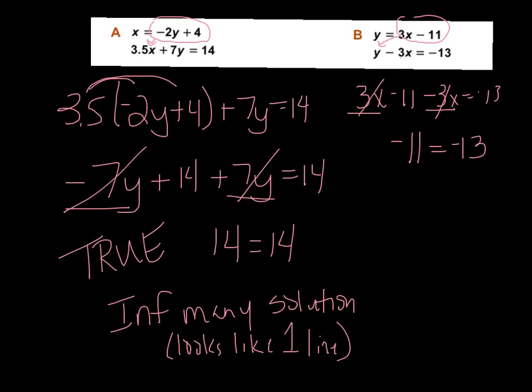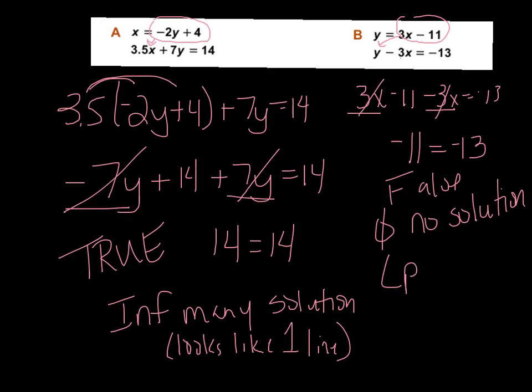Notice what went away again. My x's went away. My variable went away. And I have negative 11 equals negative 13, which is a false statement. So this is a no solution. If we were to graph these, they would be parallel lines.